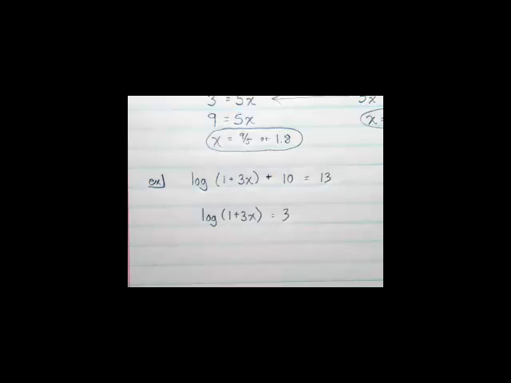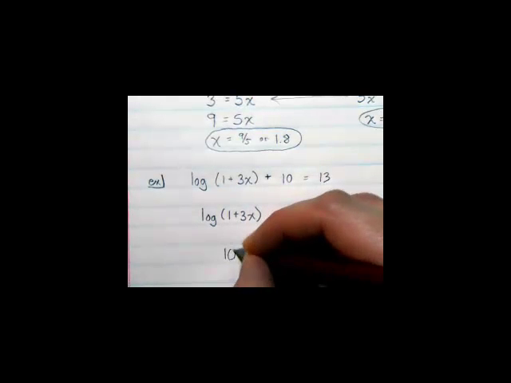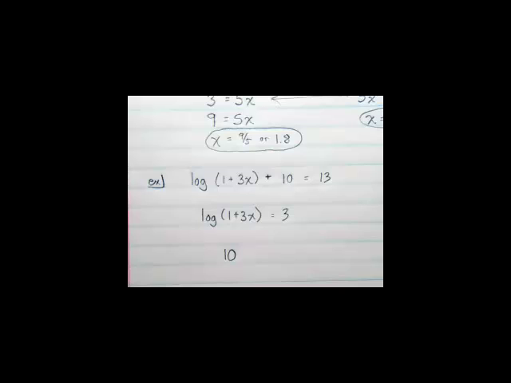So what do we do? Yep. Remember? I'll make sure everybody heard that because there was somebody in the back who was talking. Common log, base 10. So if we're changing it into an exponential, it's 10. Keep going, Mr. Ryan. Yep.